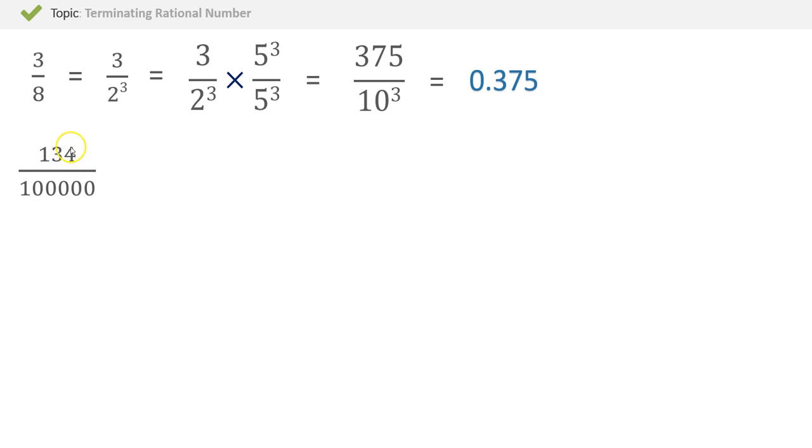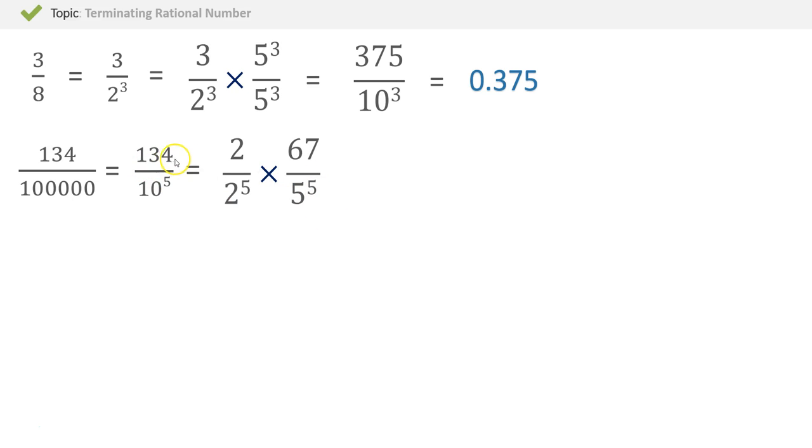Now let's take another example, 134 divided by 100,000, which can be represented as 134 divided by 10 to the power 5, which can further be represented as (2 into 5) to the power 5, which can be represented as 2 to the power 5 and 5 to the power 5.